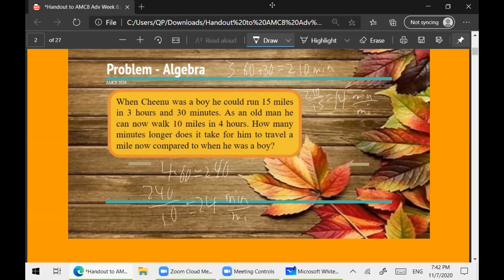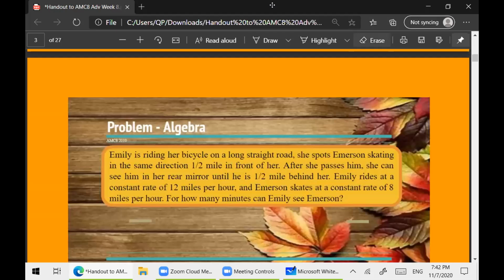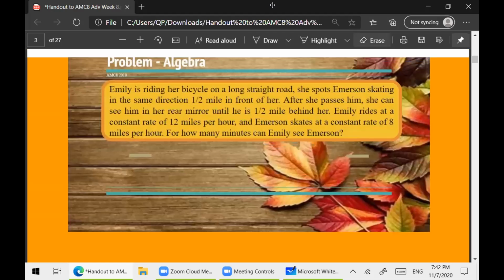And so the answer is 24 minus 14 is 10 minutes longer. All right, here's the next problem.